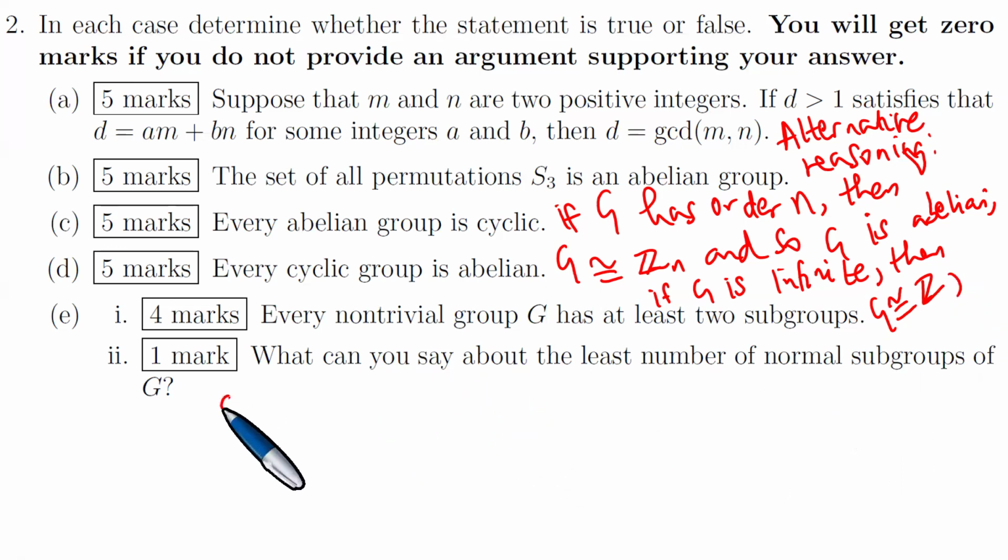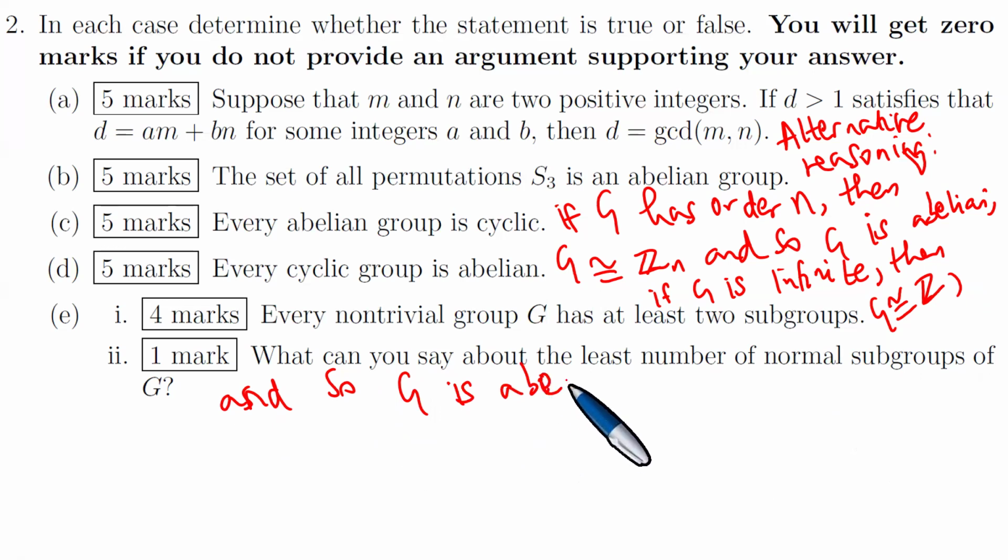And so G is abelian. Alternative reasoning shows that if G is of order n, then G is isomorphic to Zn, and so G is abelian.